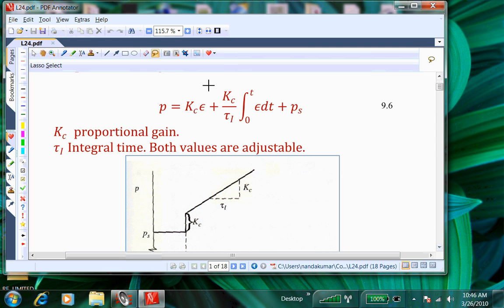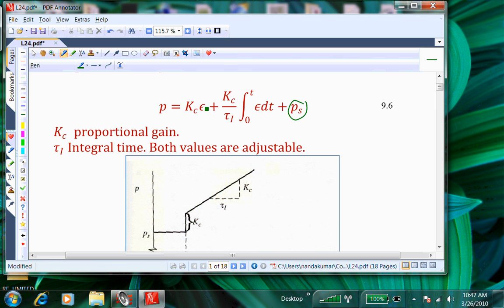If P is the pressure signal that goes to the valve, sent by the controller, it's going to receive the error signal, which is the difference between the set point and the actual measured variable for flow rate, as an example. It's going to be centered around Ps, the current steady state, with proportional and integral action in this case.